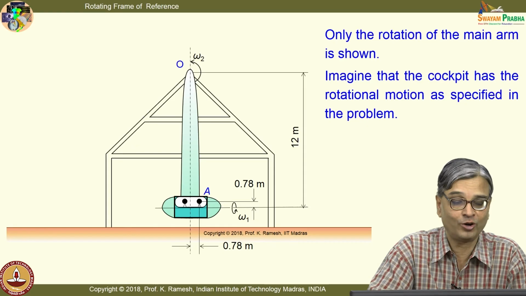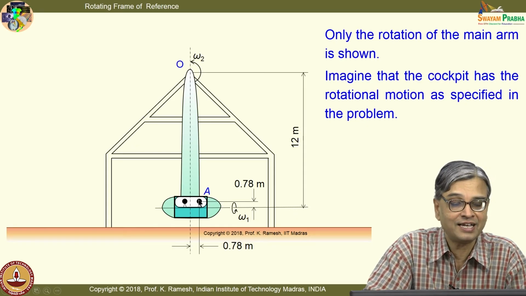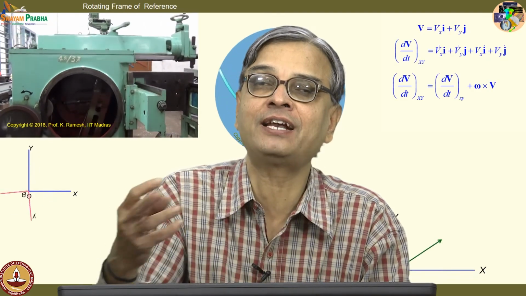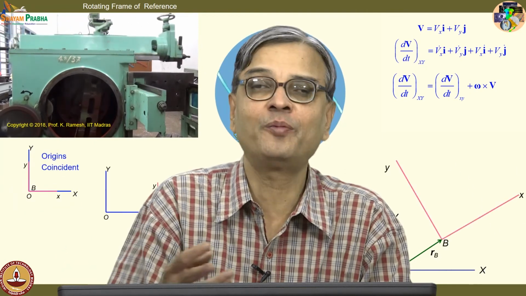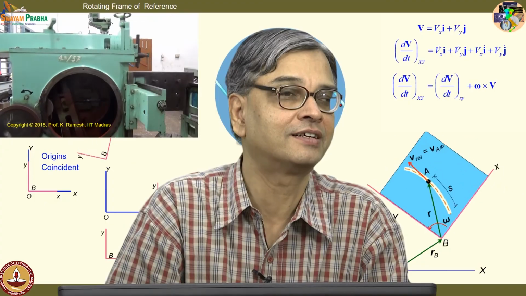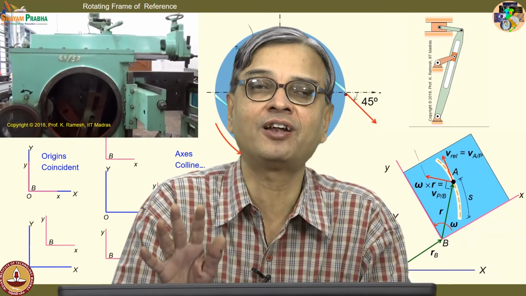That is the reason why as designers we have to calculate what acceleration and velocity the eye of the person would experience, and whatever value I get, I should compare it with the biomedical people who have the recommendations on what the limits should be. If it is within the limits, a large class of people will not have a problem.